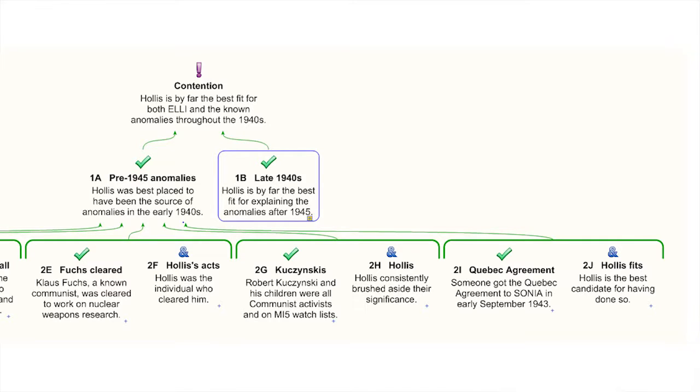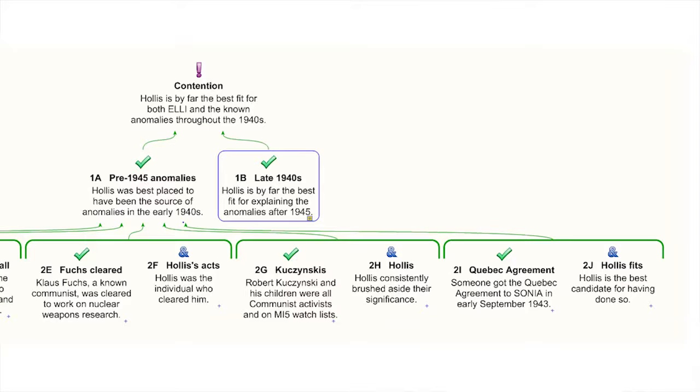He was from the beginning of his career in the key positions in MI5 dealing with Soviet counter-espionage. The third is that Hollis became, at an early point in his career, the pole position man in MI5 for dealing with nuclear security. And in that capacity, he cleared a number of known communists to work in the nuclear weapons program, most notably Klaus Fuchs, who played a crucial role in supplying nuclear intelligence to the Soviet Union.